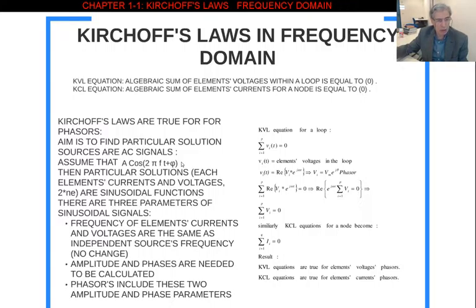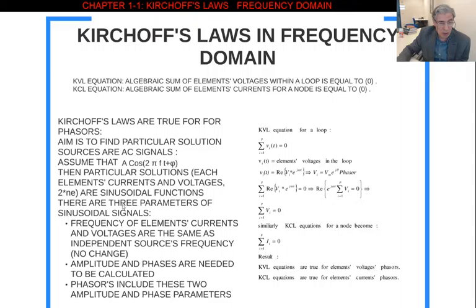We already know that one of the parameters is the same as the source frequency. That means the particular solution of the elements' currents and voltages is going to be a sinusoidal function whose frequency is the same as the source frequency. Therefore, we do not need to calculate that frequency.